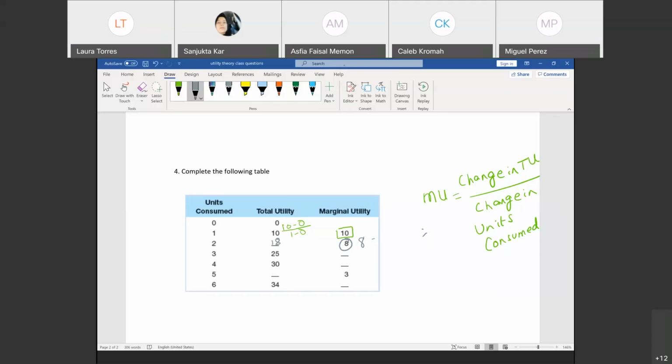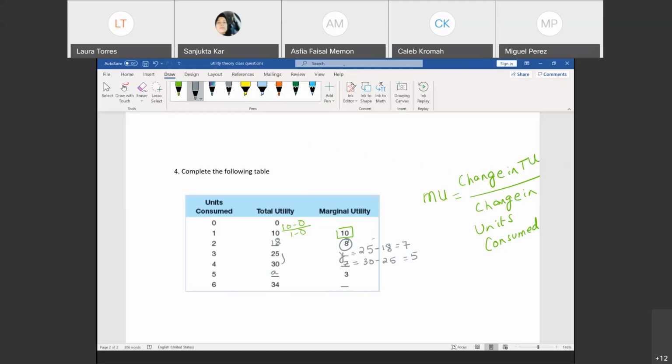Now I have to fill up this one here, which is y. Y equals 25 minus 18. This one is 7. Next number I have z. Z equals 30 minus 25. This one is equal to 5. Now let's say this is a.